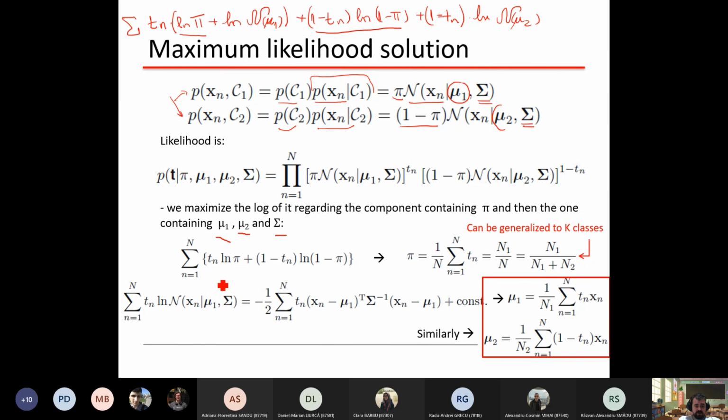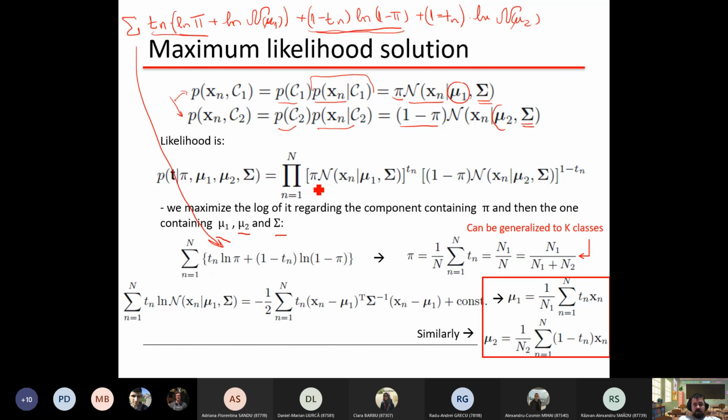So we will have only the summation of t_n log pi, the first term, plus 1 minus t_n log of 1 minus pi, this term.